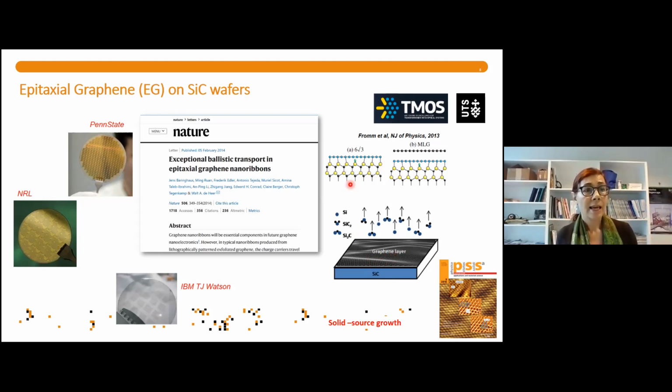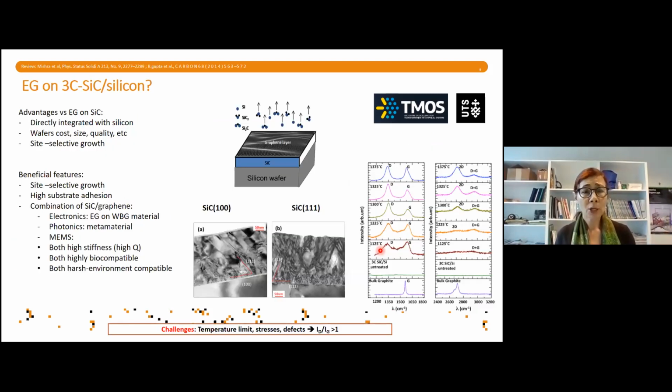And I won't talk about the buffer layer, and I'm sure you all know about these things, but I just wanted to say that, of course, wafer level graphene has been studied a lot on silicon carbide wafers. This is, however, not what we focused on. We really wanted this on silicon.